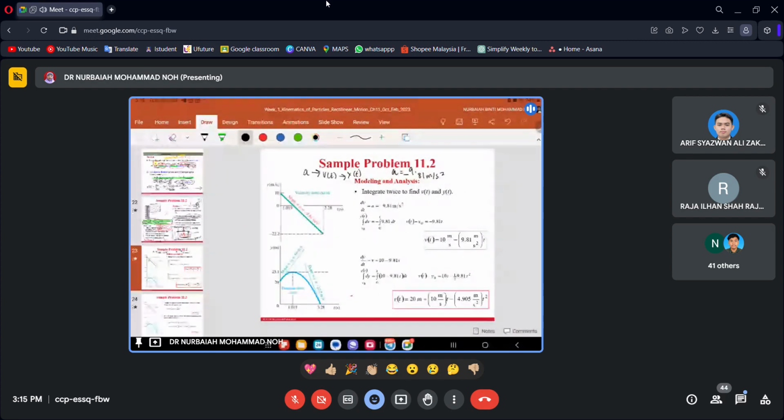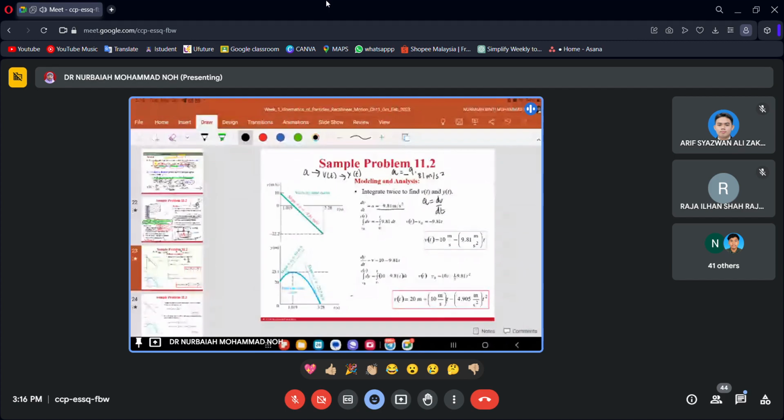We know that since we are talking about v with respect to time t and x with respect to time t, we can relate a as equal to dv over dt, where a is equal to negative 9.81 meter per second square. Remember, when we are given a, you must know we have to conduct integration.